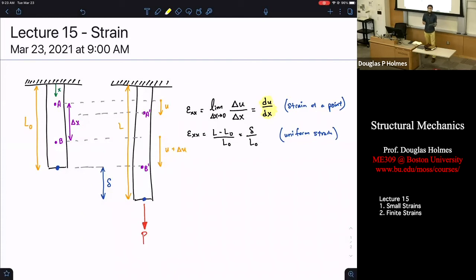Now in reality, we know that's not true. We know that if I stretch this bar, it's going to shrink in the other dimensions. And so we would expect some displacement in y and z. And so we can start to see that the fact that this is an ordinary derivative is something we're contriving here. In reality, the displacements at a particular point in the material could change in multiple directions at the same time.